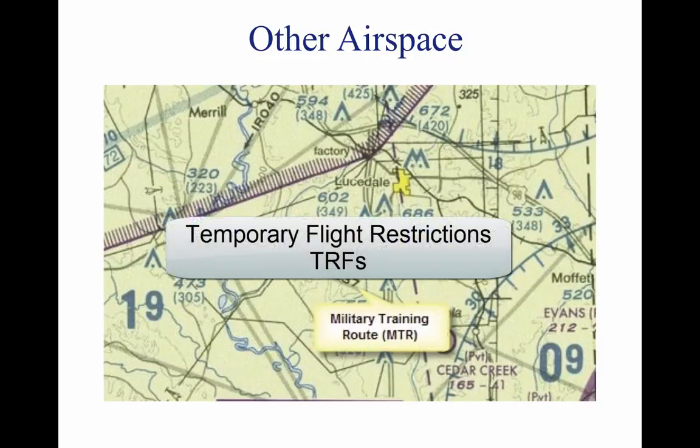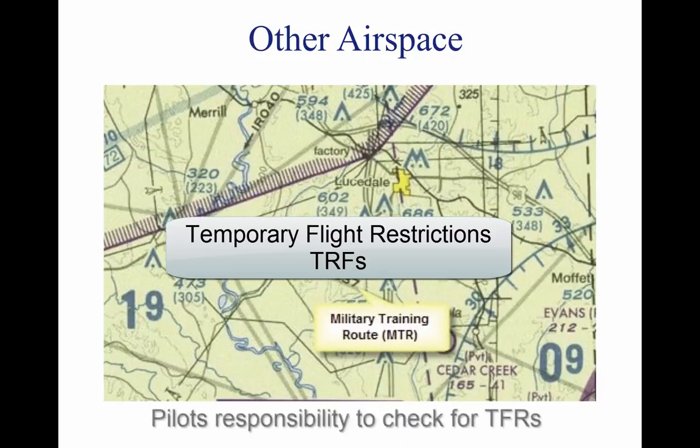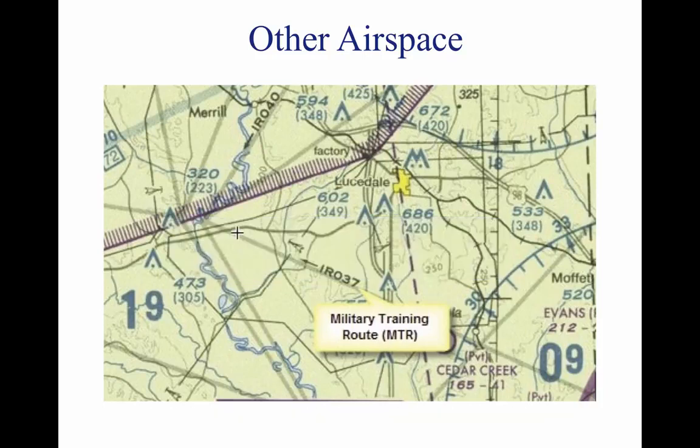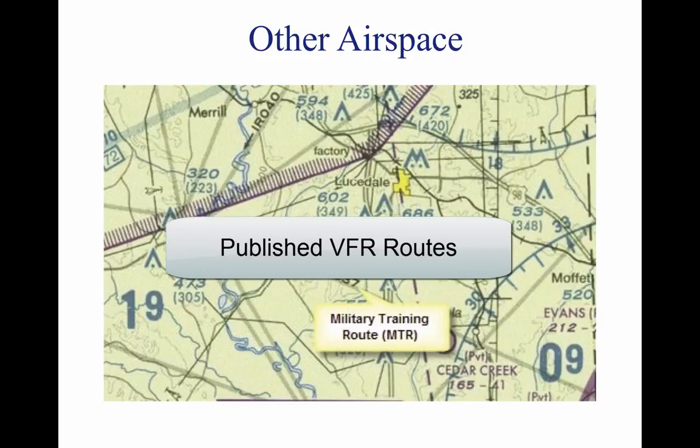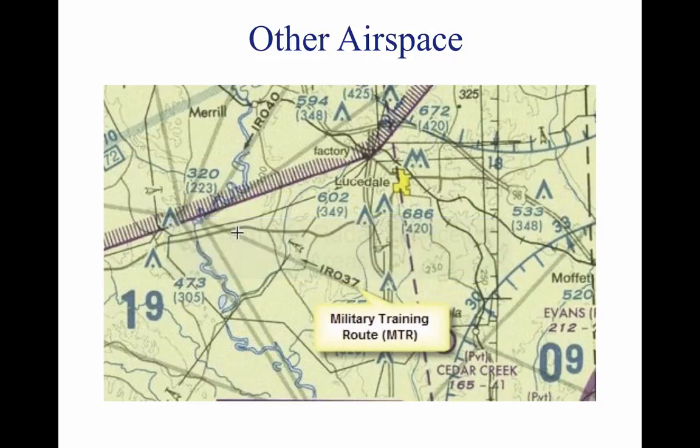Temporary flight restrictions are temporary restrictions around areas to protect people and property from damage or make an area less congested for emergency aircraft. It is always a pilot's responsibility to make sure there are not TFRs in the area they are flying. Published VFR routes are VFR routes that transition under, around, or through complex airspace.